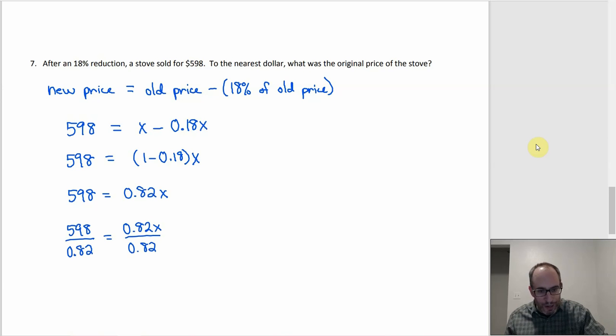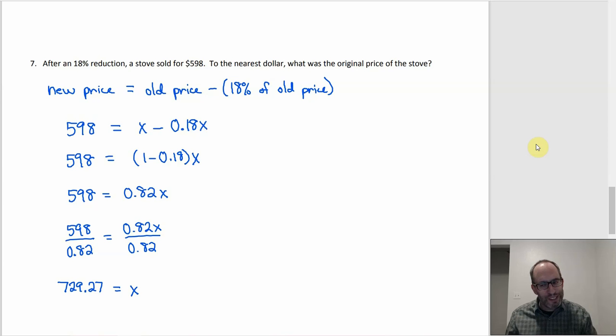Then what we're going to get is an x on the right, and on the left, at least to 2 places, it's 729.27, which seems like that would be a reasonable point to round off since this is money, right?